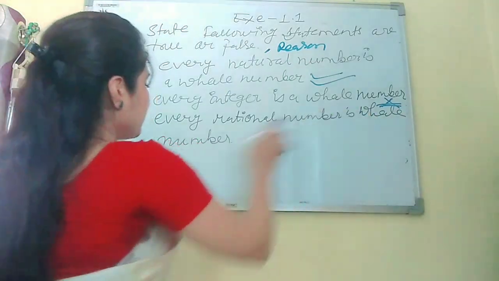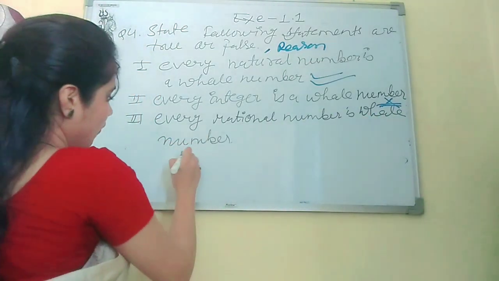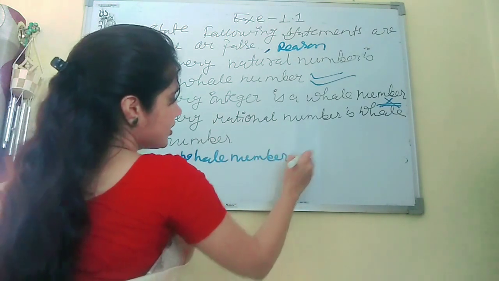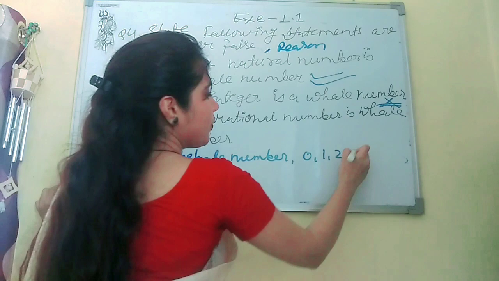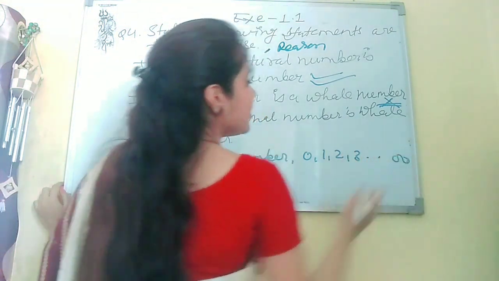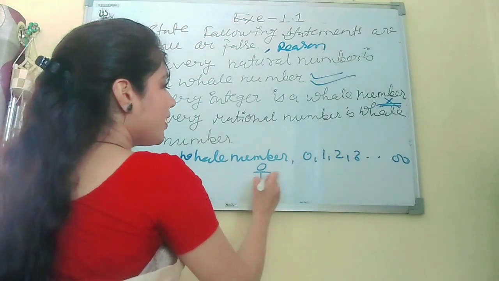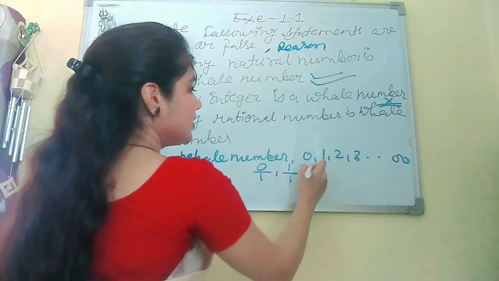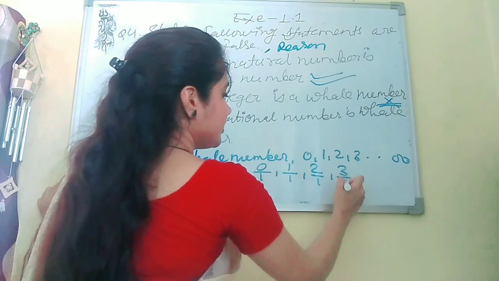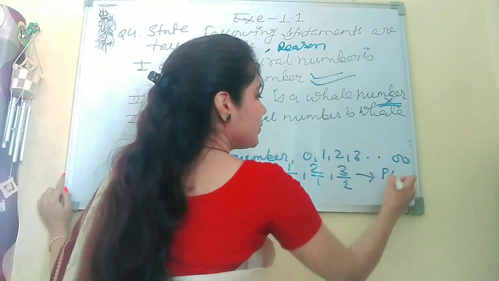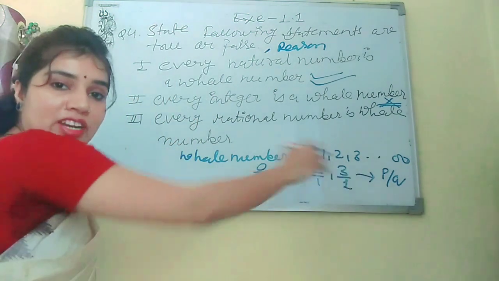Every rational number is a whole number. Let's see. Whole numbers: 0, 1, 2, 3. These are the whole numbers. And we can write them like this: 0 by 1, 1 by 1, 2 by 1, 3 by 1 in the form of p by q, which means it is a rational number.